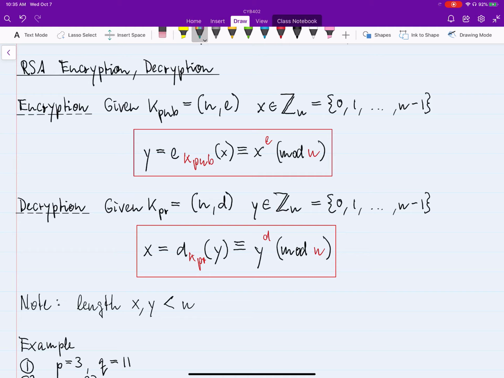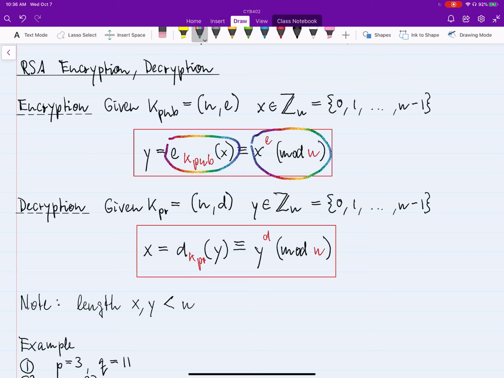Now the message x is put to the power of e, that parameter that we just computed, modulo n. And this is the encryption of the plaintext x, a block of plaintext that we call x. So that is the encryption function.